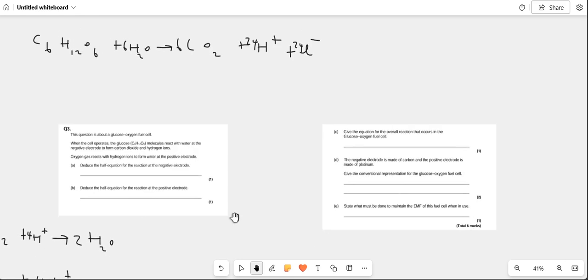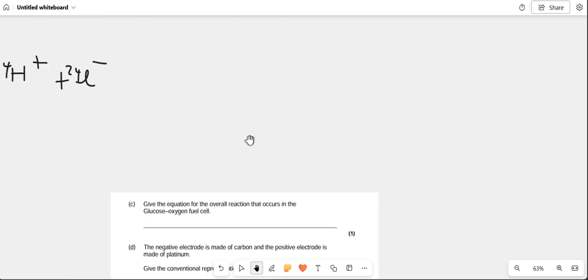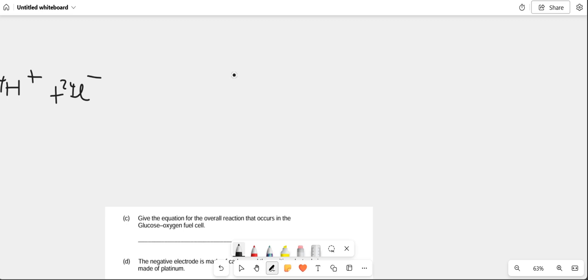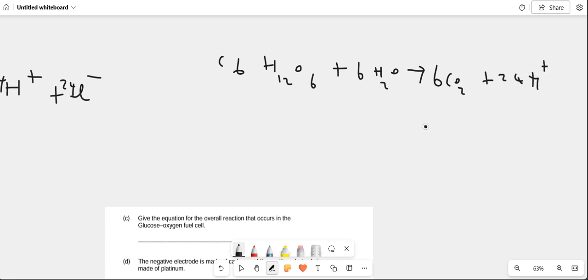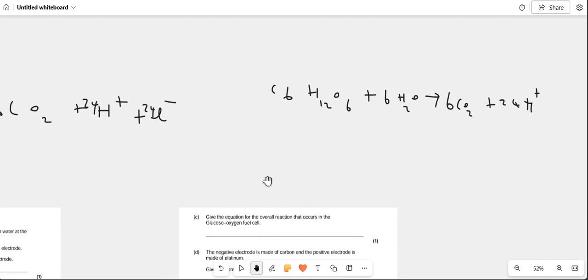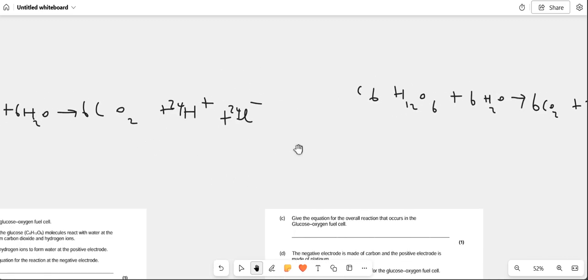Part C, I need to combine the half equations. So write out each half equation separately. The first one was C6H12O6 plus 6H2O going to make 6CO2 plus 24H plus plus 24e minus.